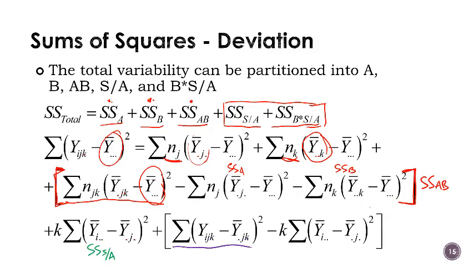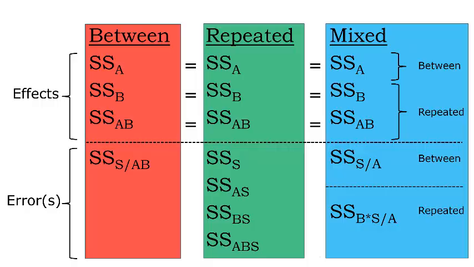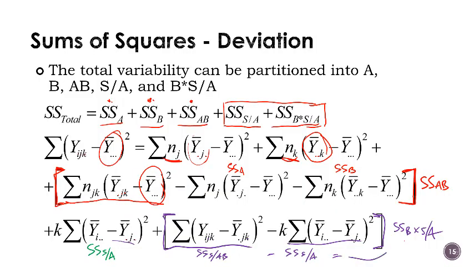So this whole thing here is really our sum of squares of B by S within A. To get that, I'm finding my sum of squares S within AB, and subtracting from that the sum of squares S within A. And what I'm left with then is that.